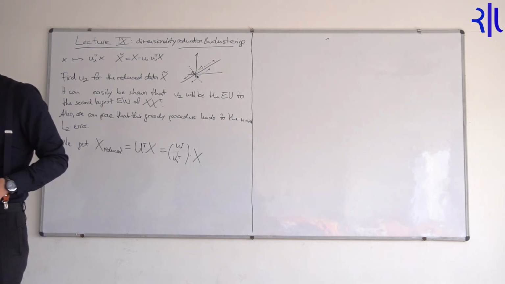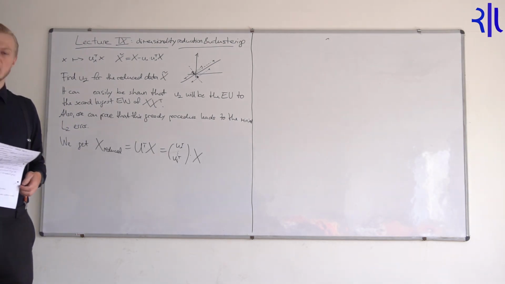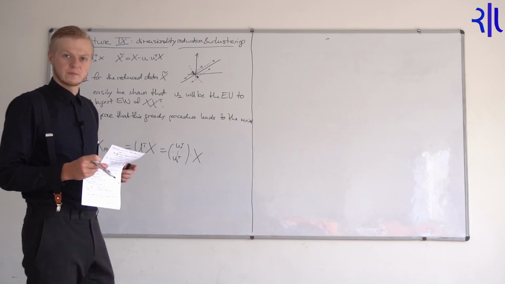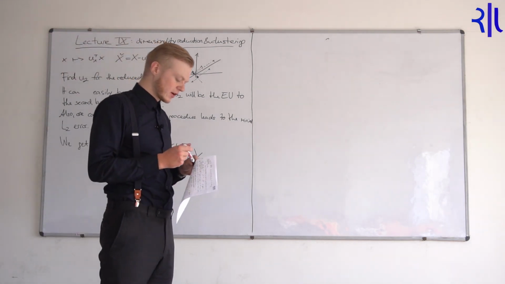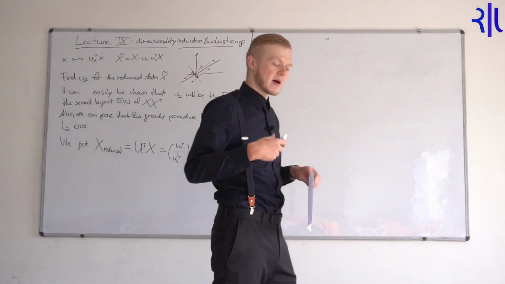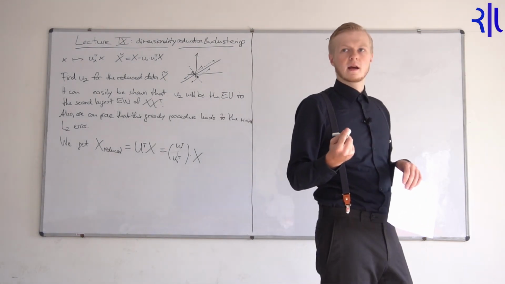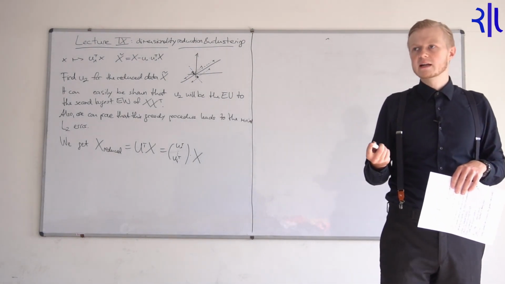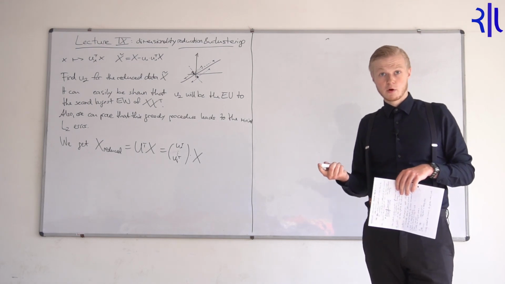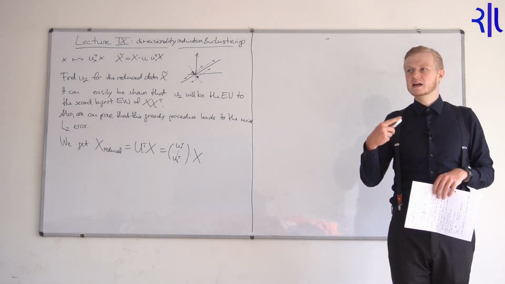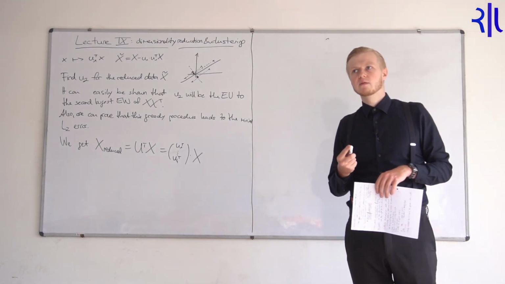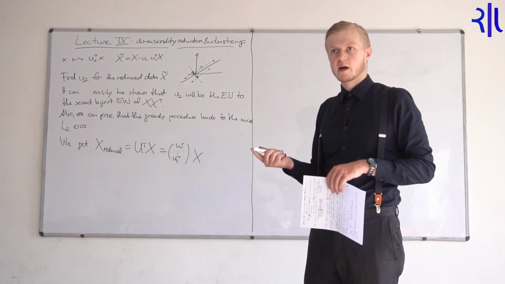And if the data lives in an n-dimensional space, in R^n, then at maximum we can meaningfully calculate only n components. If we calculate all n components, then we will have perfect reconstruction.